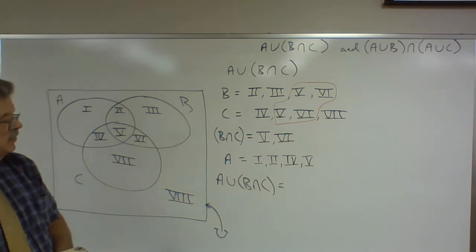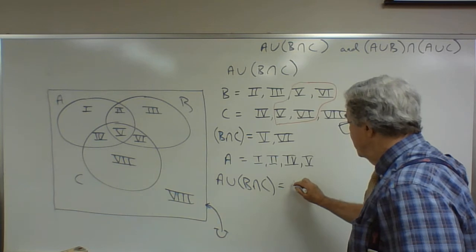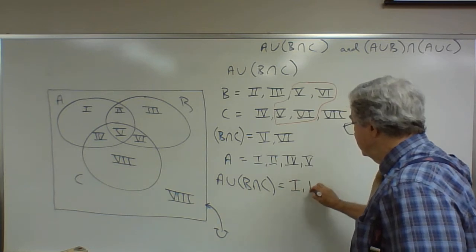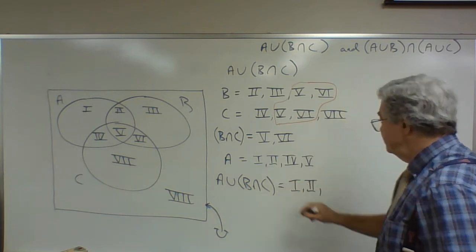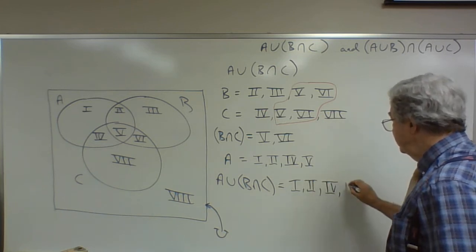So let's see what we have. In set A, we have 1, 2, 4, and 5.